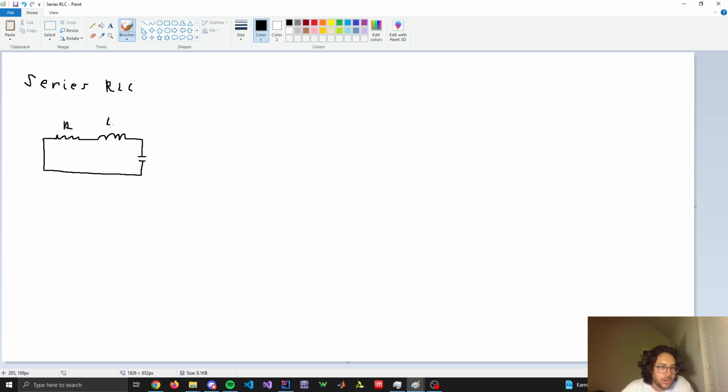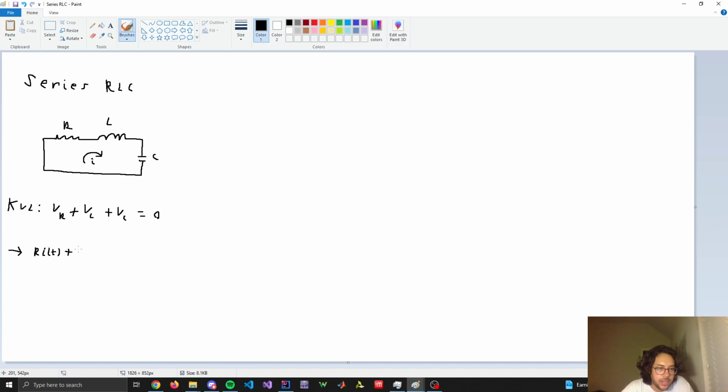We have R, L, and C. So if I write the mesh, or the KVL, KVL says that we have VR plus VL plus VC is going to be equal to 0. And writing its terminal equations, well, VR is Ohm's law. That's going to be R times i. Remember, i is a function of time.